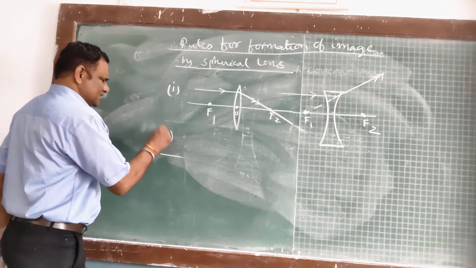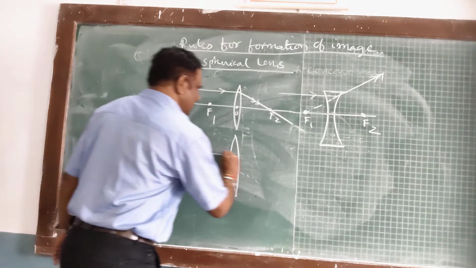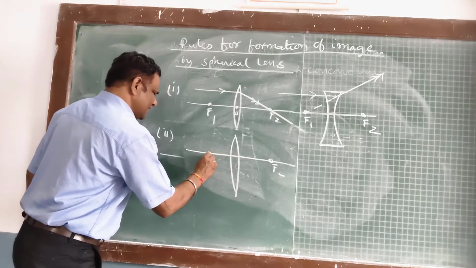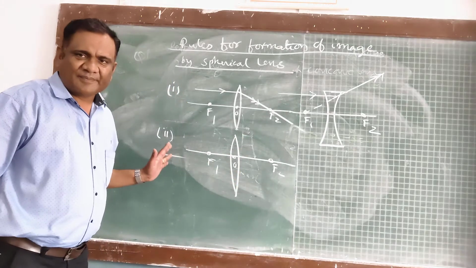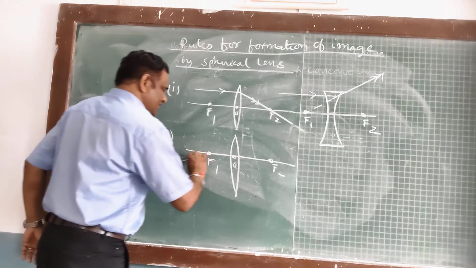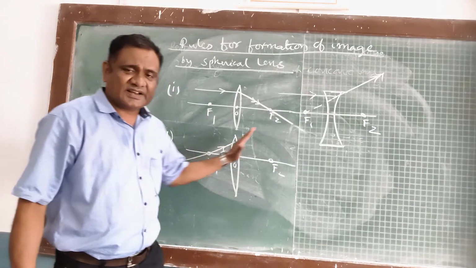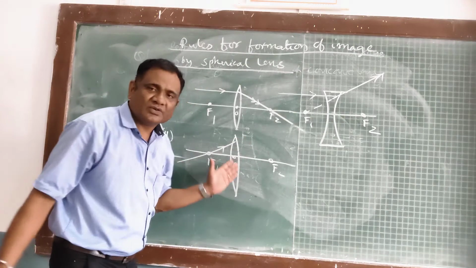Similarly, rule number 2 says, here is the diagram. The rules can be explained with the help of a simple diagram. Here F2 and F1 respectively, and the optical center. What will happen when an incident ray is coming from the focal point and incident on the lens?